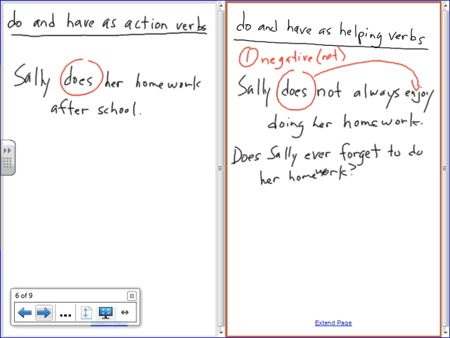And once again, does is not the main verb here. Rather, it is accompanying the main verb forget. And that's the second way in English that we use do, does, and did as helping verbs, right? We use them to make questions.